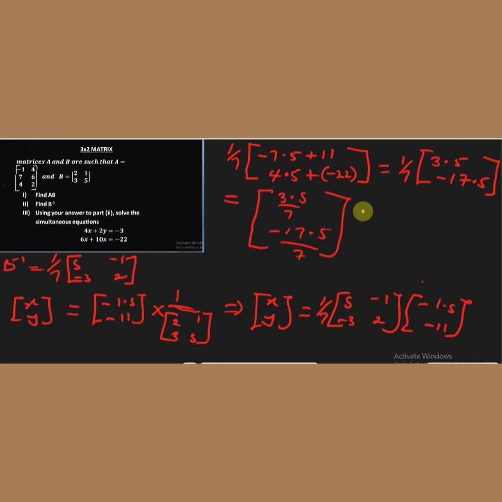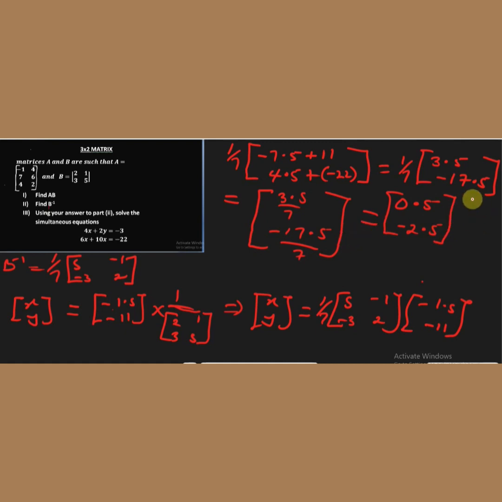So this is equal to 3.5 divided by 7, that is going to give me 0.5. Then minus 17.5 divided by 7 is going to give me minus 2.5. You check your calculator, that is minus 2.5.